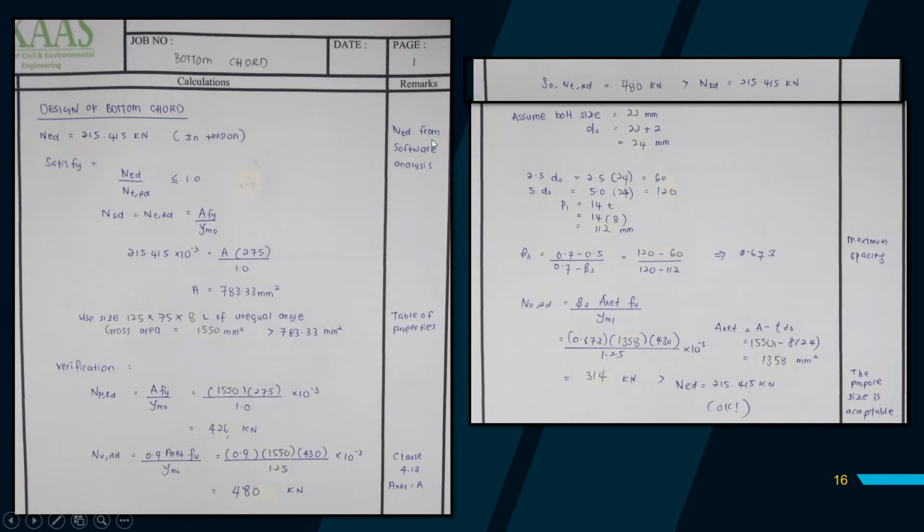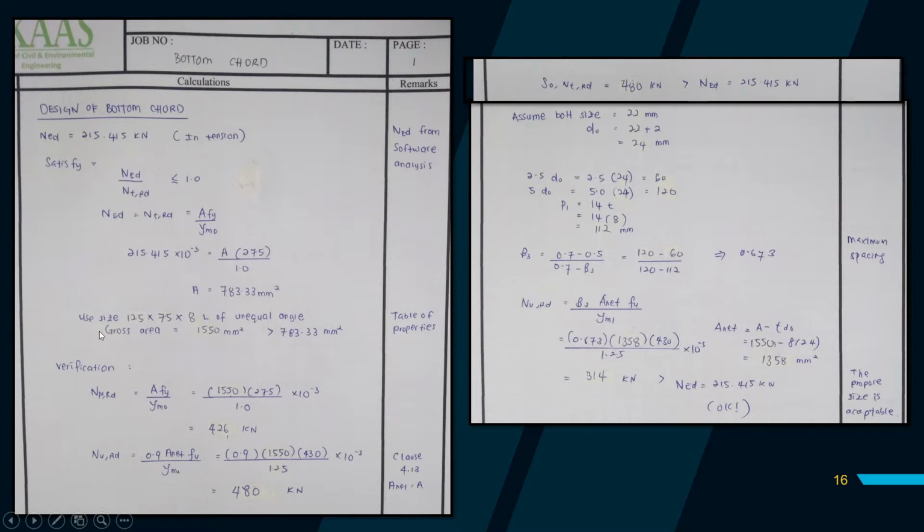So, NED from software analysis in tension. We satisfy that NED over NTRD is less than 1.0. So, NED is equal to NTRD, where A Fy over gamma M0. So, we can get A is equal to 783.33 millimeter squared.